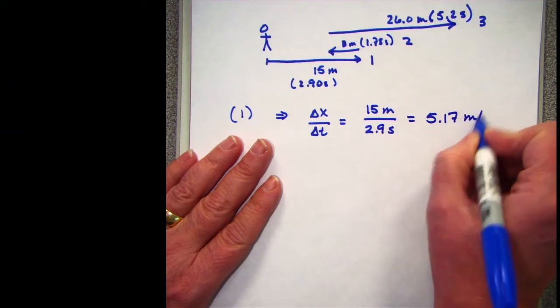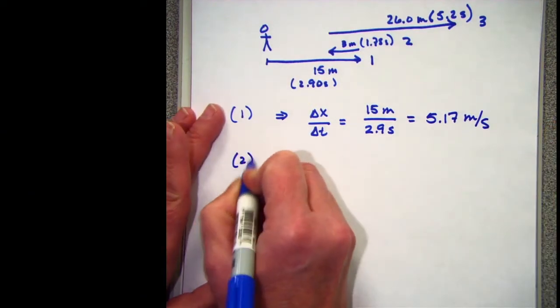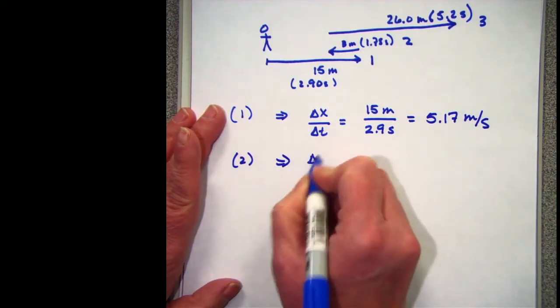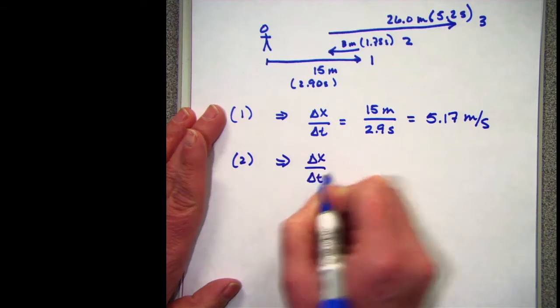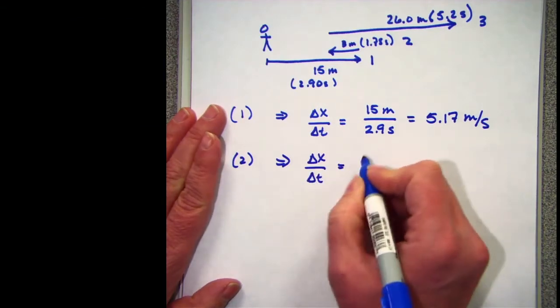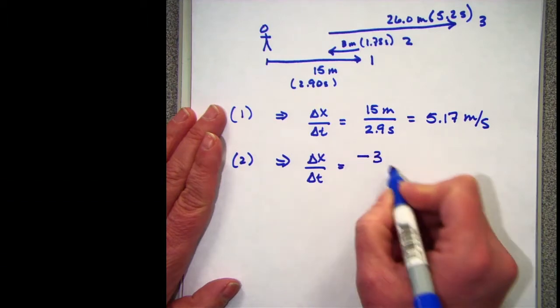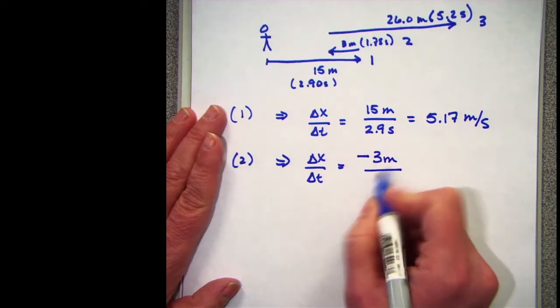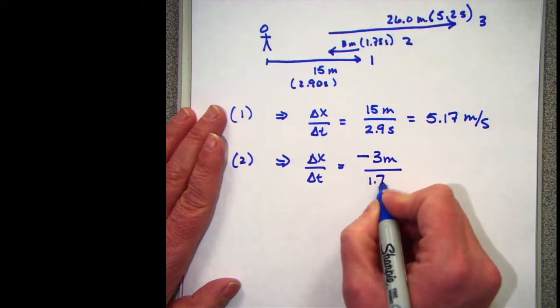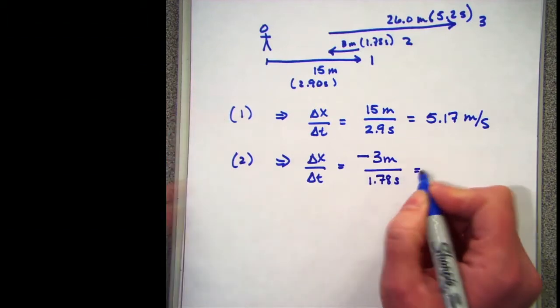5.17 meters per second. The second one, still doing change in position with respect to time, except now my final is 3 meters behind where I started, so I end up with a negative because that's going to give me my direction, over 1.78 seconds.